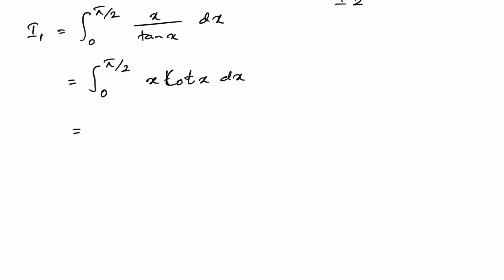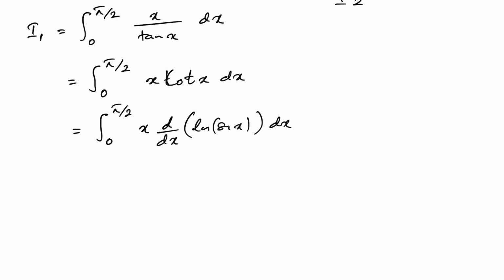So we have from 0 to pi over 2. Now we should select the first function and the second function. We know the second function should be integrable. So here x, then for the other part, if we integrate cotangent of x, we have natural log of sine of x, and dx.